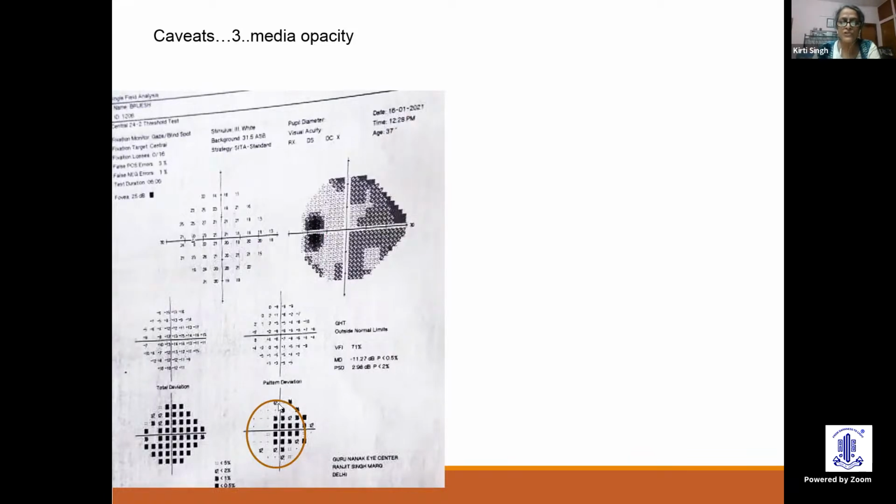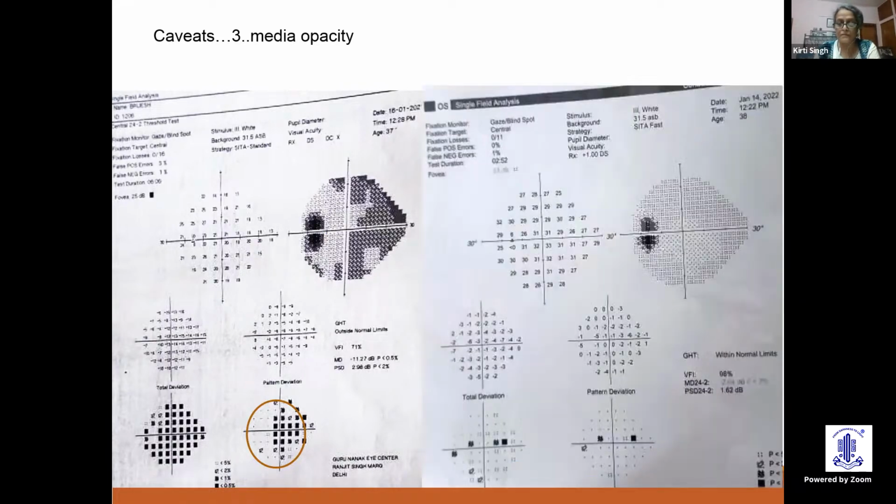It wasn't actually matching the glaucoma defects. And when this patient was subjected to cataract surgery, see the change. So this patient was pre and post phacoemulsification. So pattern deviation has a caveat. You look at where the pattern is coming up.